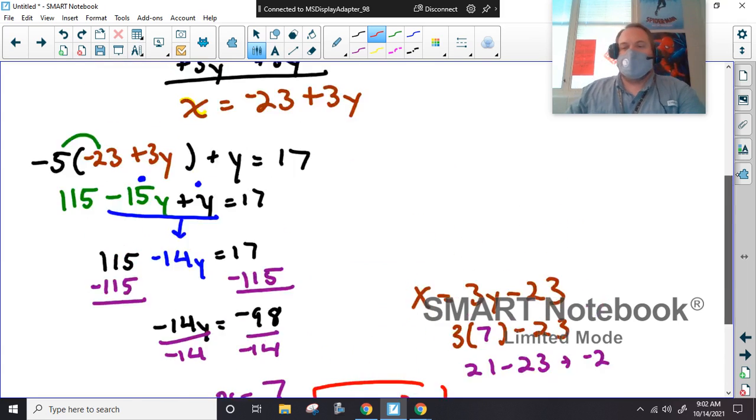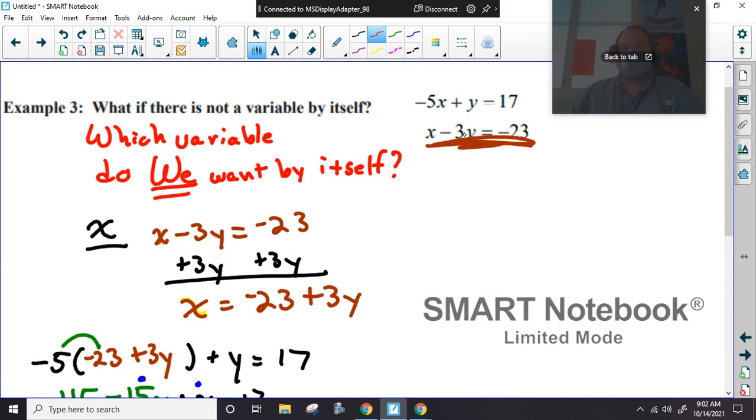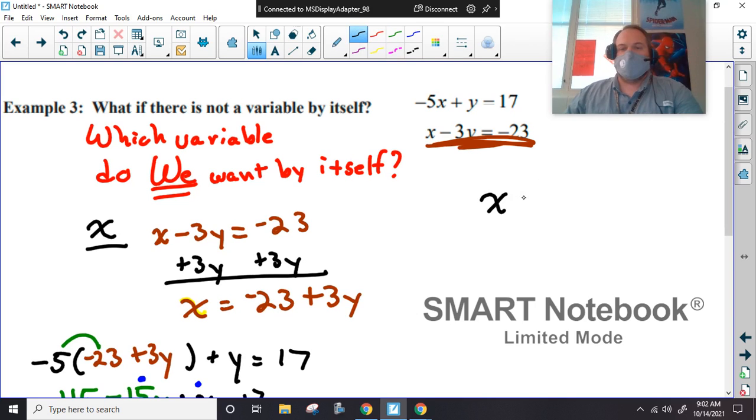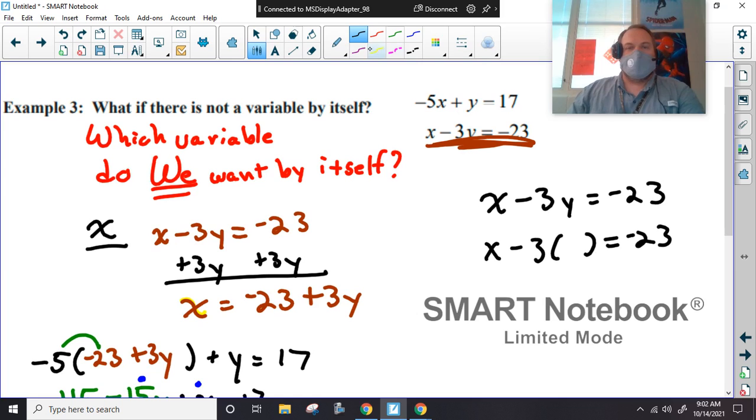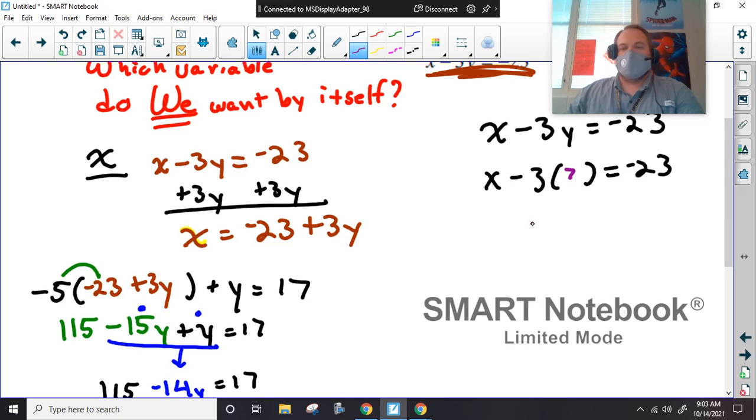So you're saying that you used this right here, and you plugged in 7. You got negative 21 here, and then you added 21.